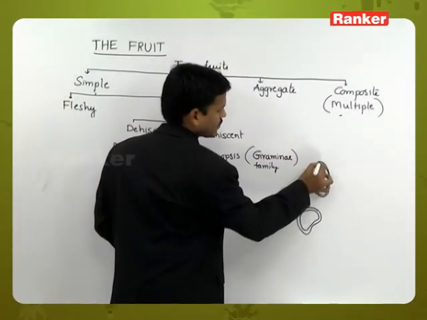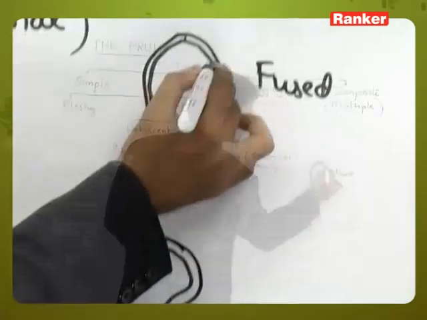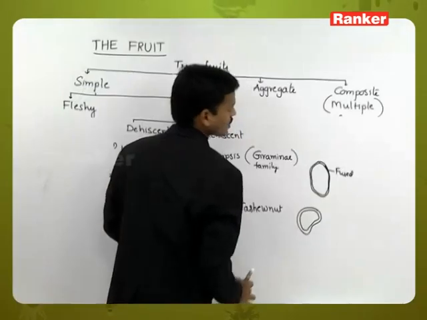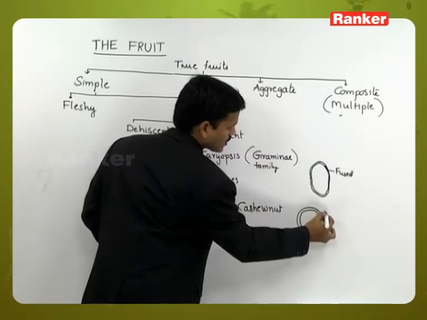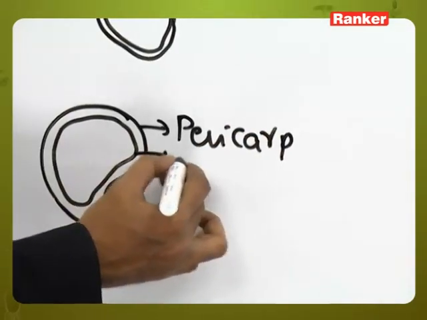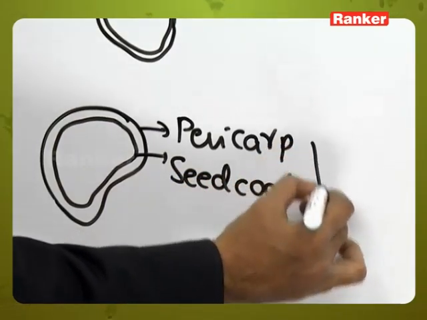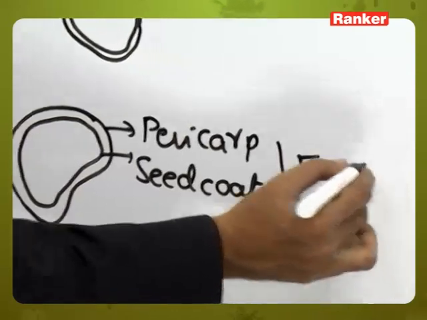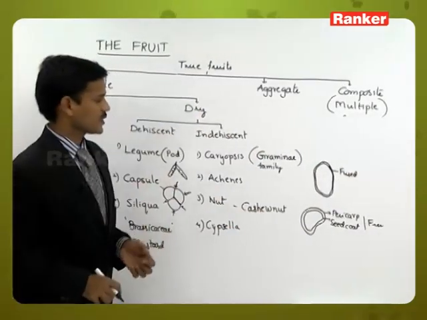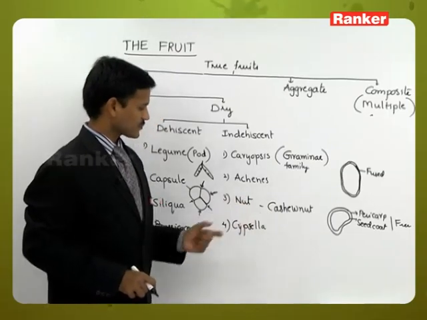So both are free, whereas in caryopsis both are fused. Here the pericarp and seed coat are free, meaning they are not fused. So it is observed in the cashew plant, or cashew nut.